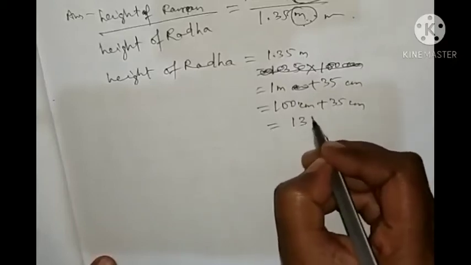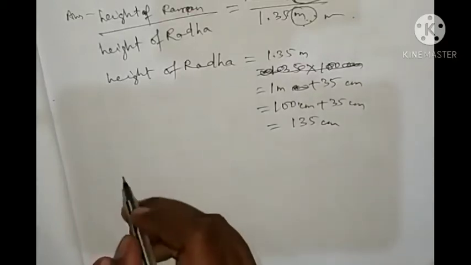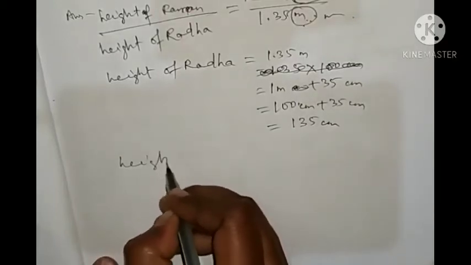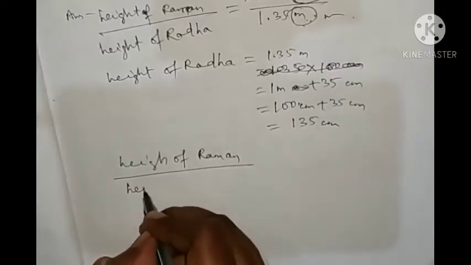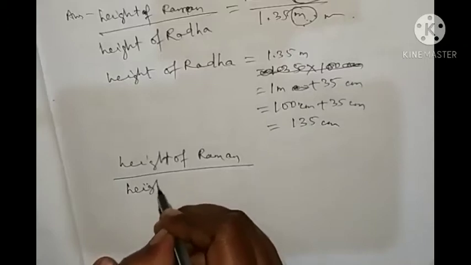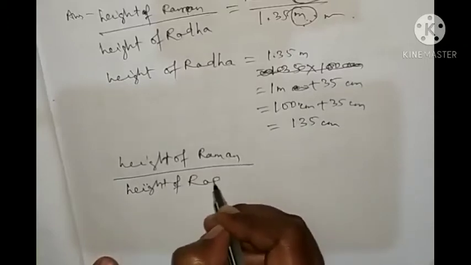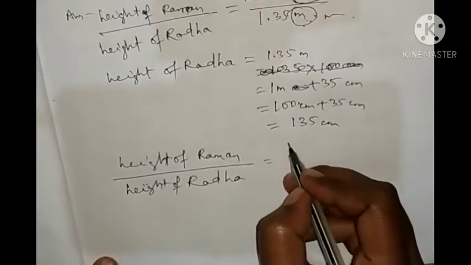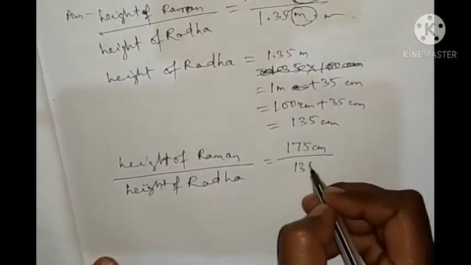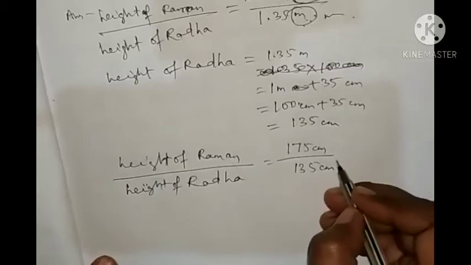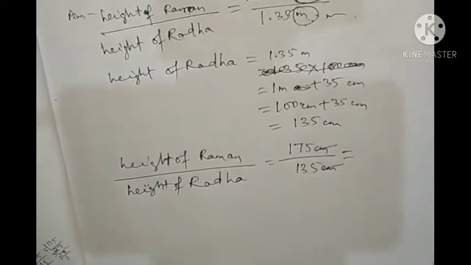It is how much? 135 centimeter. Now we'll write easily height of Raman by height of Radha. Raman is how much? 175 centimeter. Then Radha is how much? 135 centimeter. So now we can compare it.